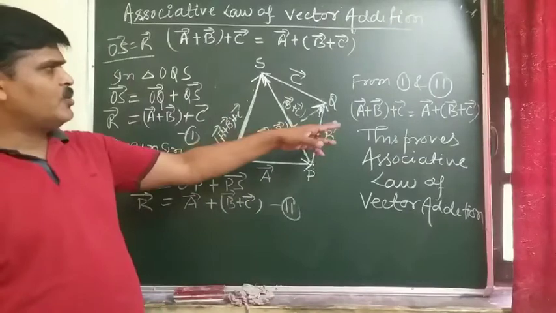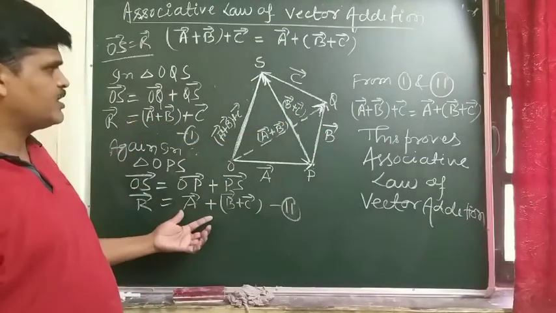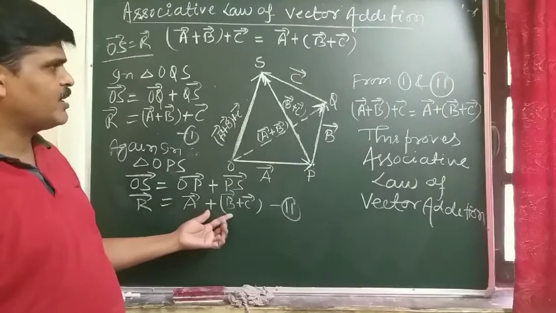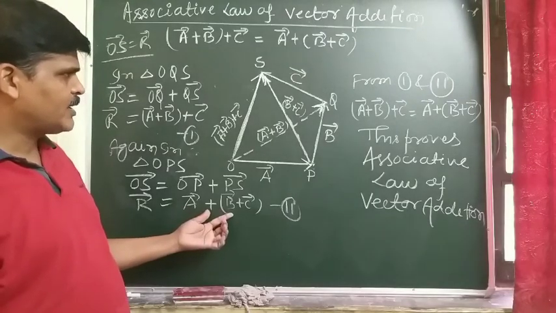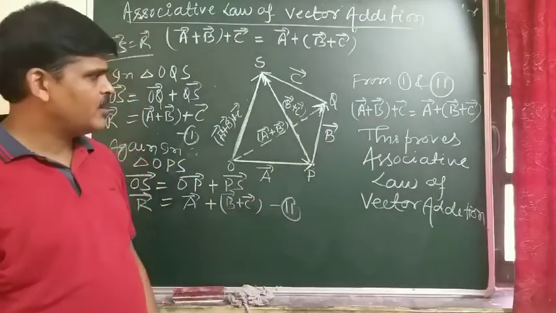So from 1 and 2, vector A plus B plus C is equal to vector A plus, in brackets, vector B plus vector C. This proves the associative law of vector addition.